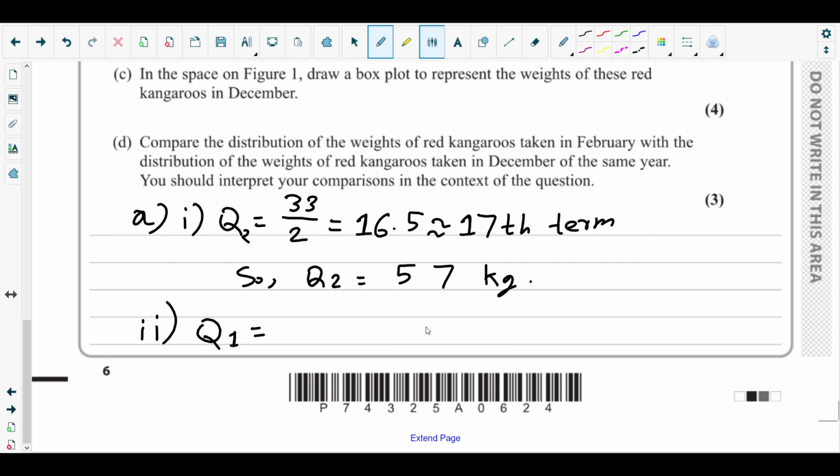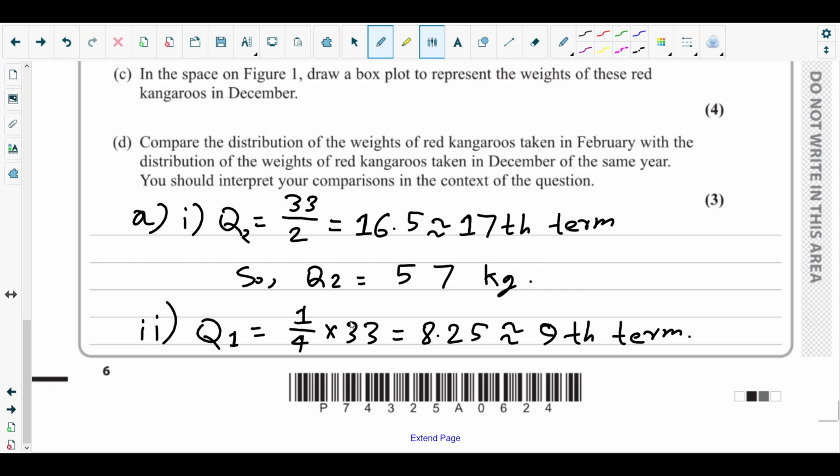So it will be 1/4 n. 25% is 25/100, which is 1/4. So 1/4 of the total number of data, 33, gives 33/4, which is 8.25. Rounded up, that is the 9th term.